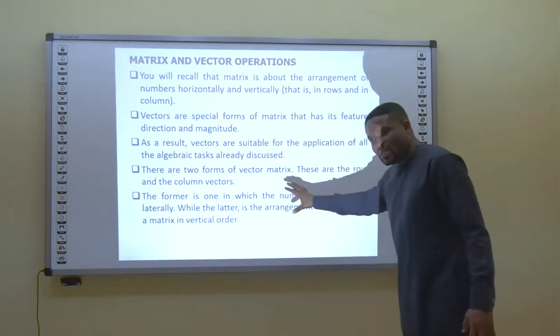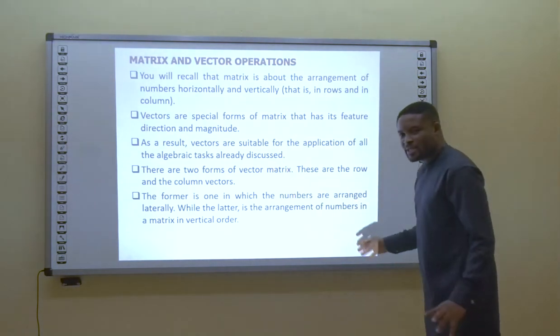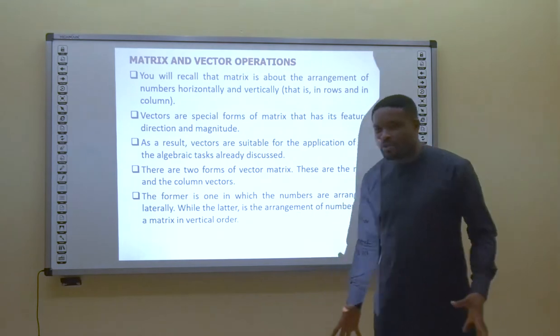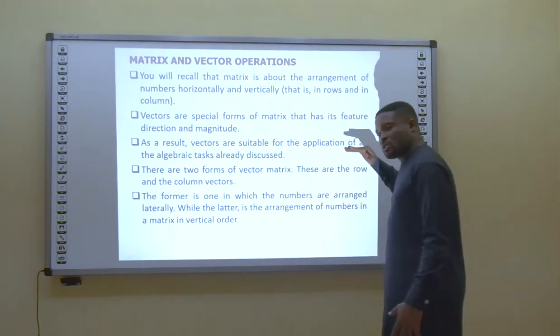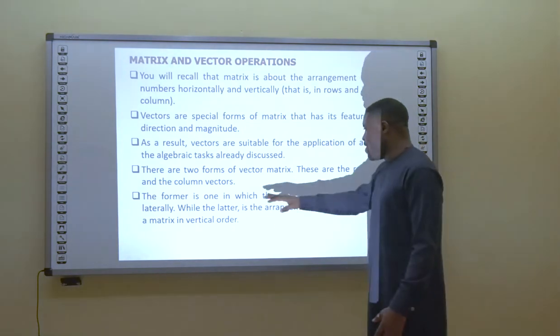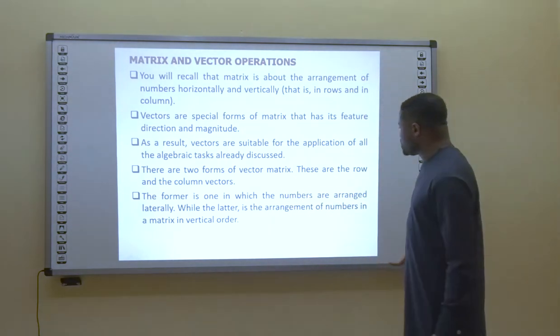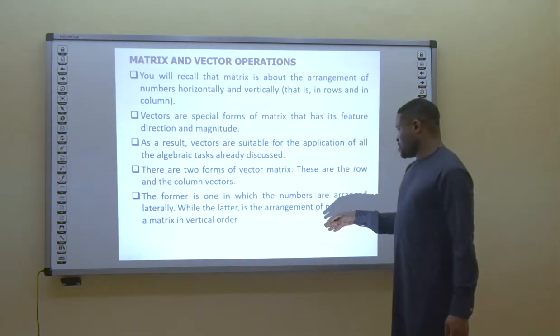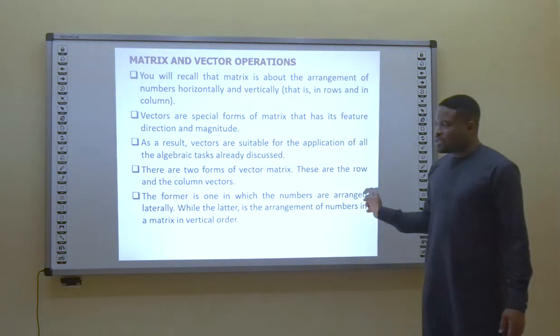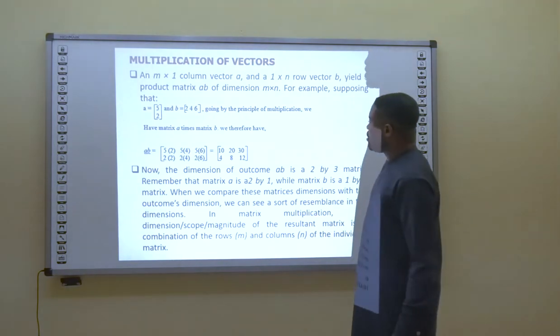If you are asked in the exam what the 2 forms of vector matrix are, you should be able to say column vectors and row vectors. The former is one in which the numbers are arranged horizontally, while the latter is one in which the numbers are arranged in a vertical order.